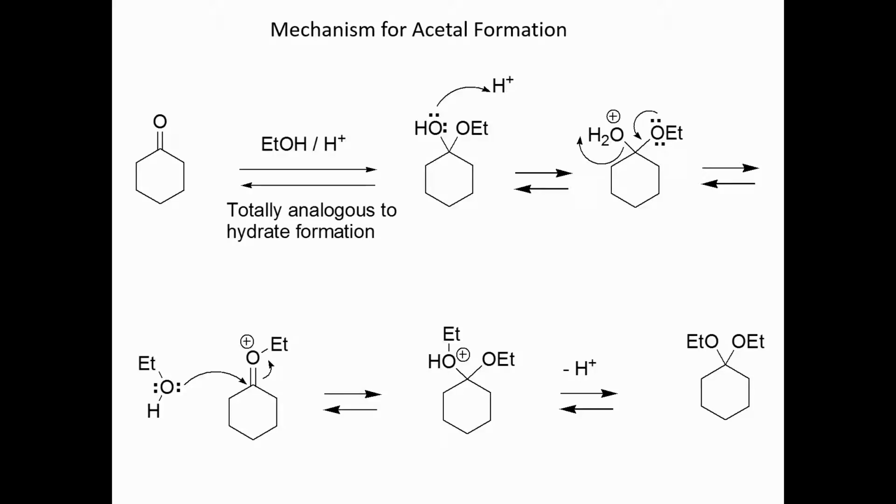So we protonate this alcohol. We now generate a leaving group, water. We can use the lone pair on this oxygen to push water out, and that gives us this compound. Some people refer to this as a carbocation.